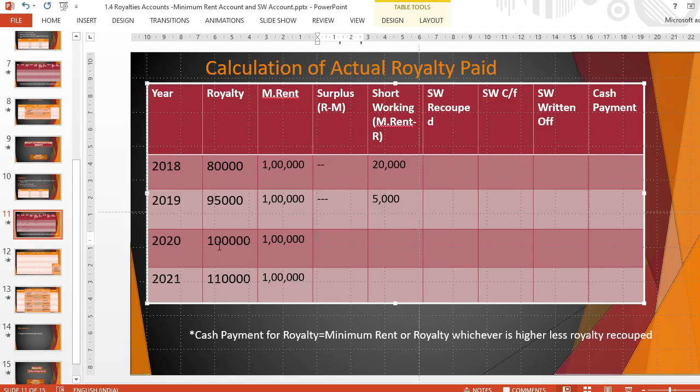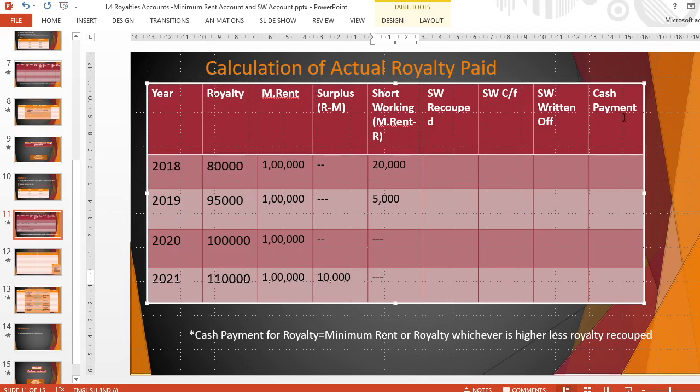Then in the year 2020, both royalty and minimum rent are same, so there is neither surplus nor short working. In the year 2021, royalty is 1,10,000 and minimum rent 1 lakh. So here we have a surplus. Royalty exceeds minimum rent, so the excess of 10,000 is considered as surplus.